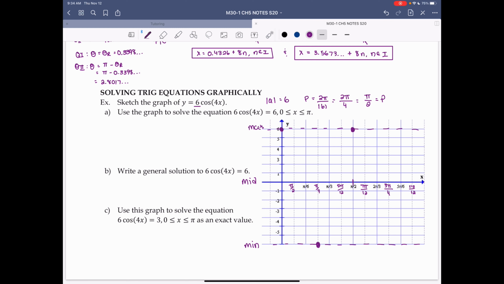And then lastly, we would have 12 pi over 12, which reduces to pi.